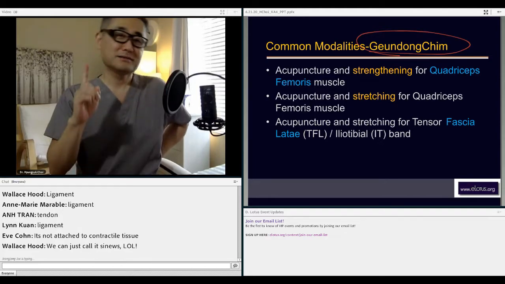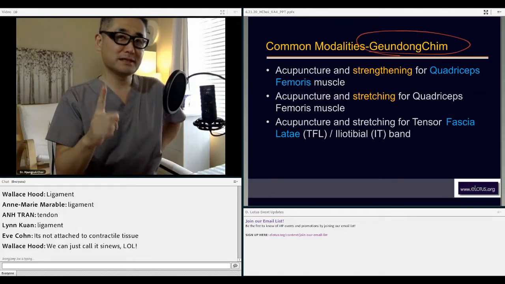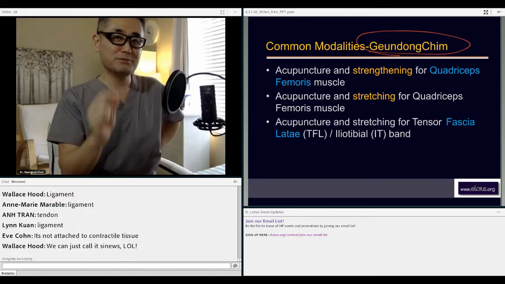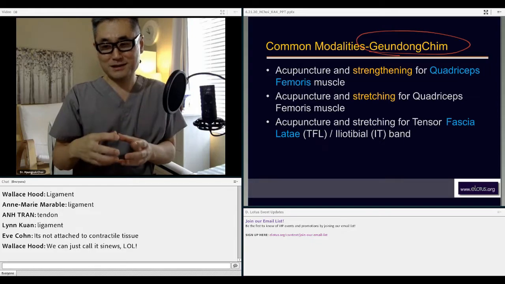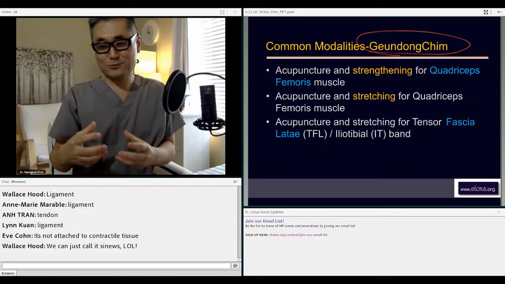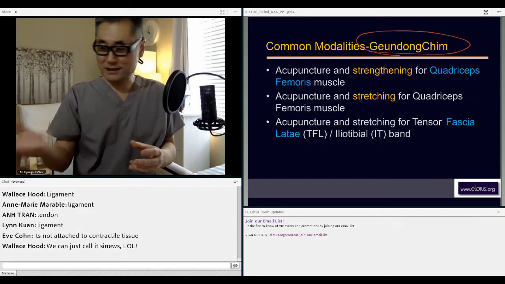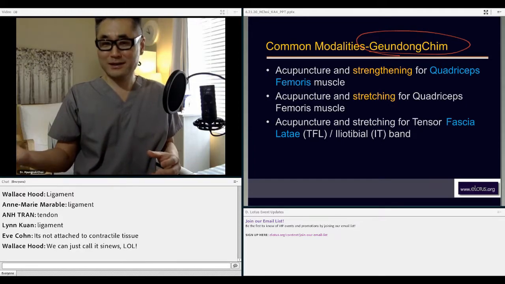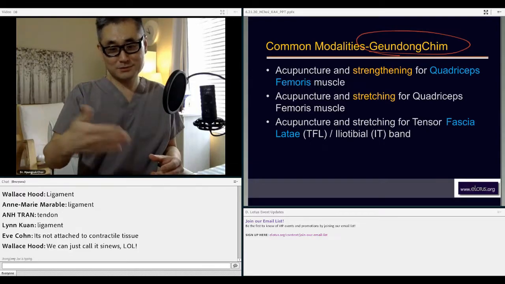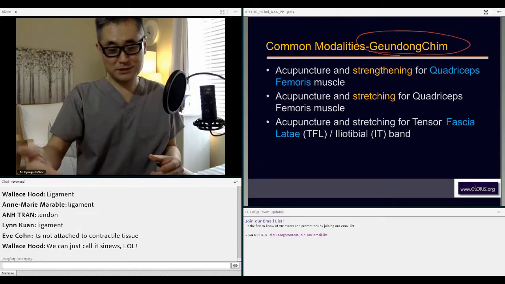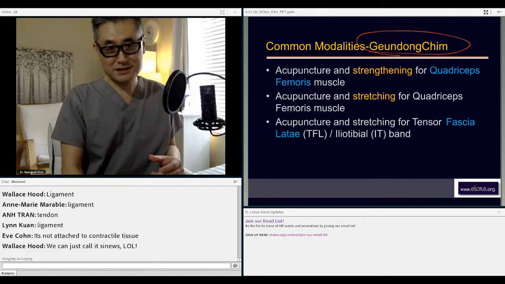ACL tear. I told you that with an ACL tear, a ligament tear, the most problematic condition is stabilizing. They lose the stabilizing ability. So in just daily living, sometimes it's okay, not any problem, but when they try to climb down the stairs, their knee feels unstable.